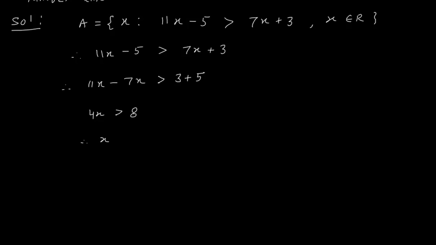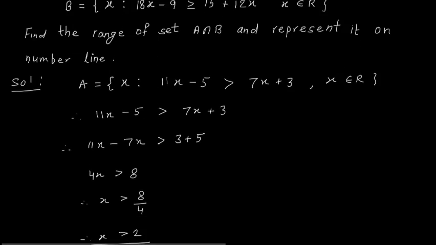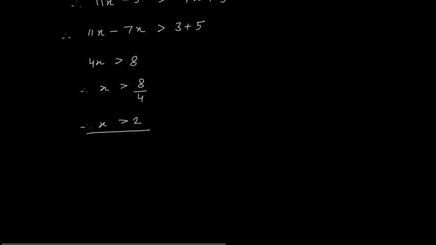So therefore x is greater than 8 upon 4. Therefore x is greater than 2. All the numbers which are more than 2 are part of the set A. So in short, set A is the set of all x where x is greater than 2 and x belongs to real number.